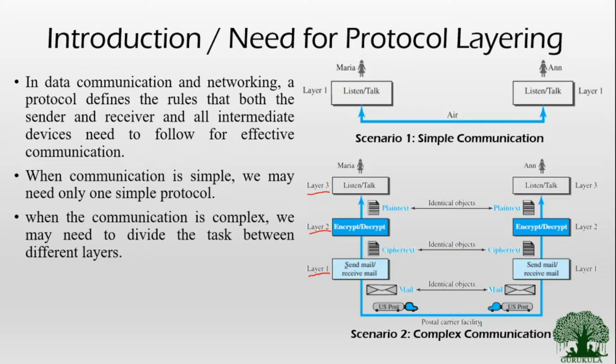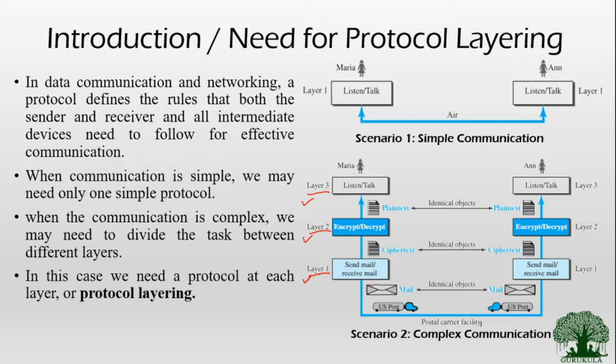That is where we require 3 layers of protocol for effective delivery of my messages. Since, as you could visually realize, when a complex communication is getting established, we definitely require more protocols working together so as to ensure the effective delivery of the messages from one point to another. So this is the reason why we go for protocol layering.